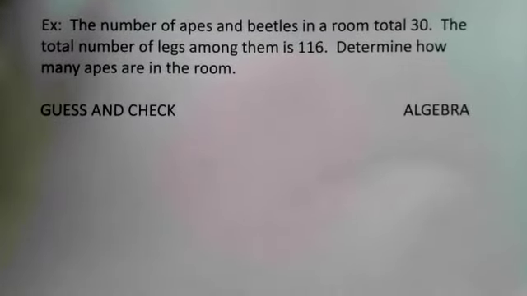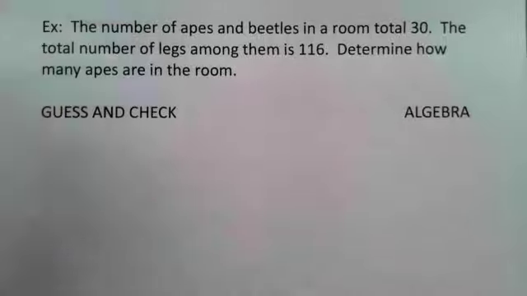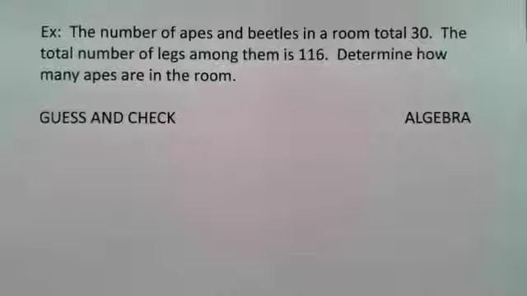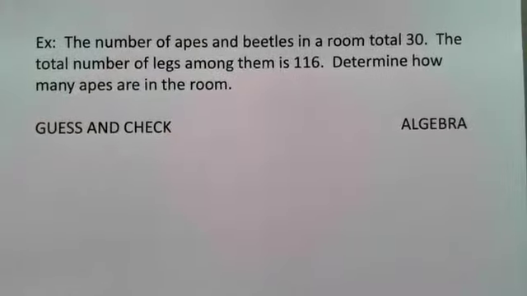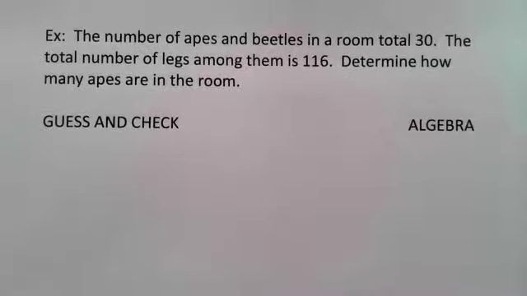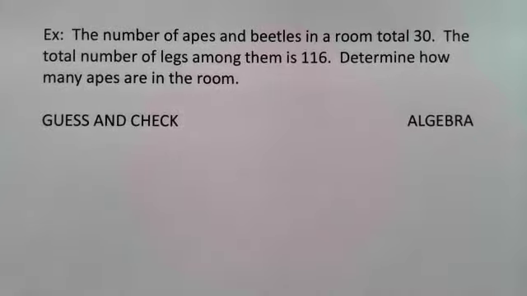Number of apes and beetles in a room total 30. The total number of legs among them is 116. Determine how many apes are in the room.